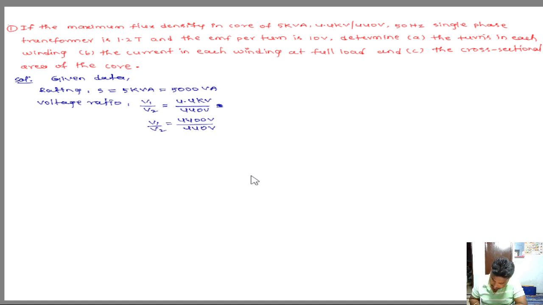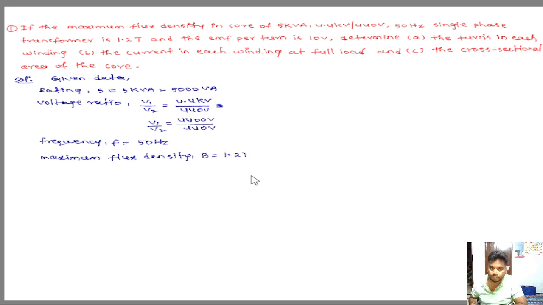Next, frequency f is equal to 50 hertz, a single phase transformer. The maximum flux density B is equal to 1.2 Tesla, or Webers per meter square.